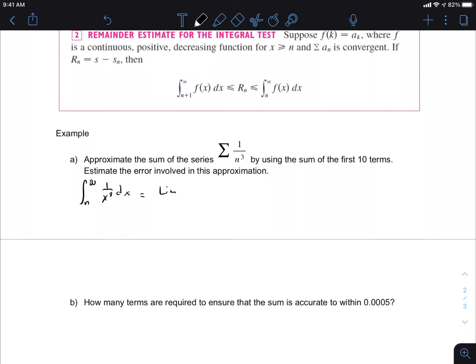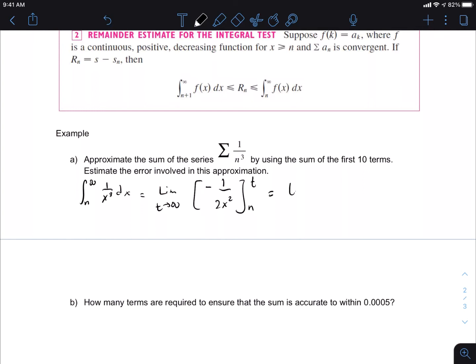So that's going to be the limit as t goes to infinity of a negative 1 over 2x squared from n to t, right? That's just doing the integral piece that we did, going from n to infinity and then changing the infinity to t. So that's how we got that.